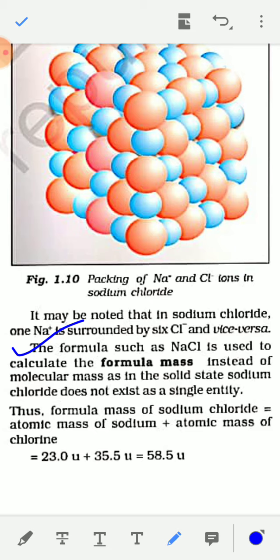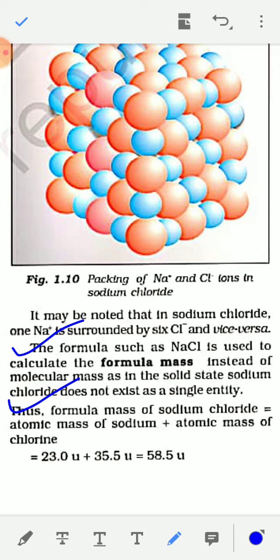Okay, so that means the formula mass of sodium chloride, sodium chloride means NaCl. In sodium chloride, there is one sodium atom and one Cl- atom. So the formula mass of sodium chloride will be equal to the atomic mass of sodium plus the atomic mass of chlorine.